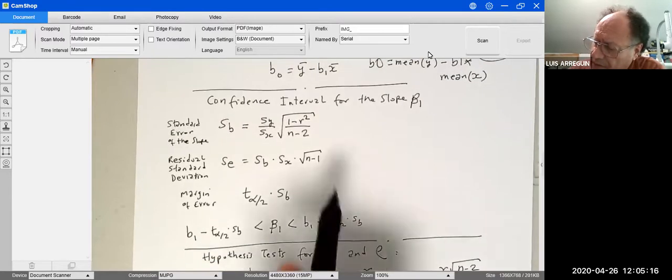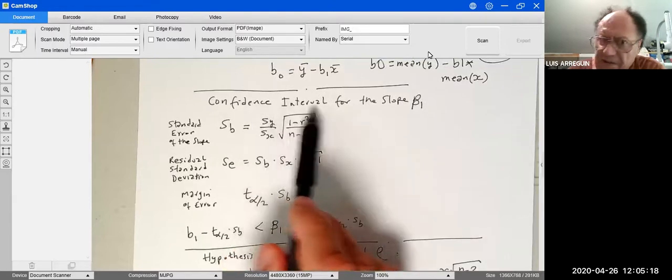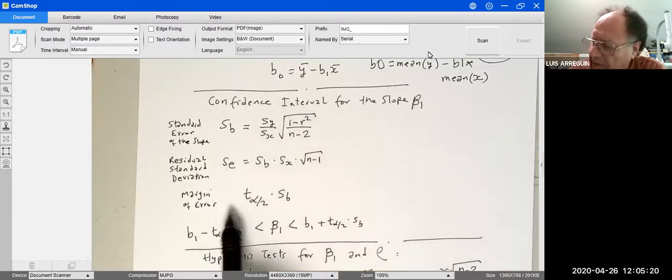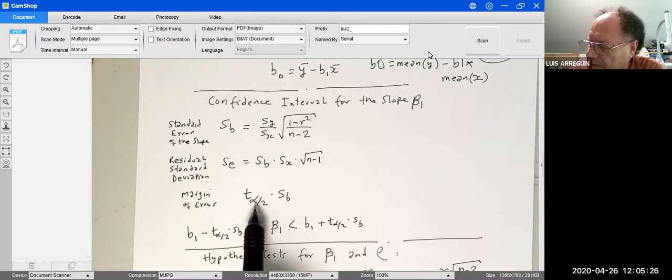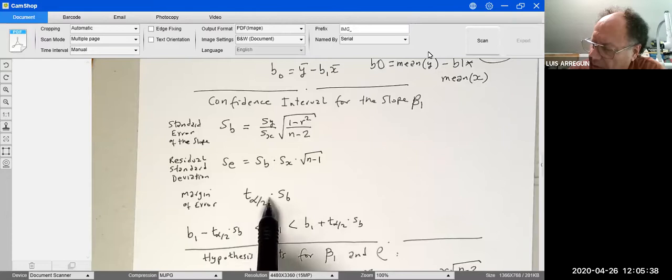And to compute the margin of error for our confidence interval, we're going to use the student t-distribution, and we need alpha, remember, to have a confidence level for our confidence interval. Once you find the corresponding student t value, you're going to multiply that by the standard error of the slope, and that is going to be the margin of error.